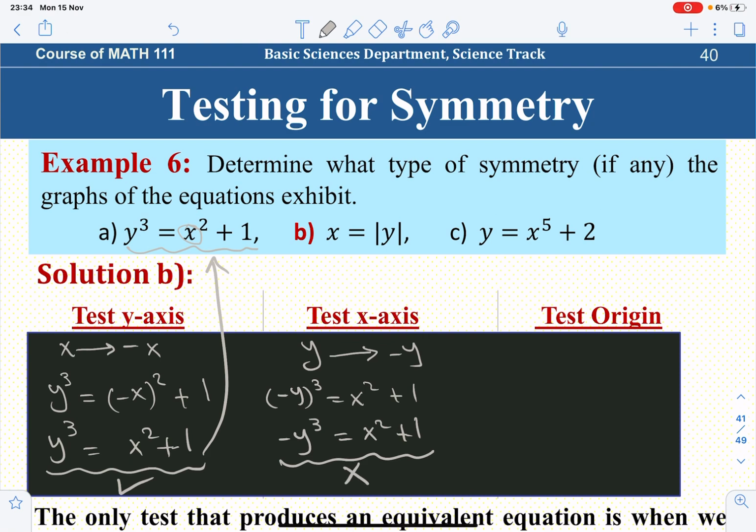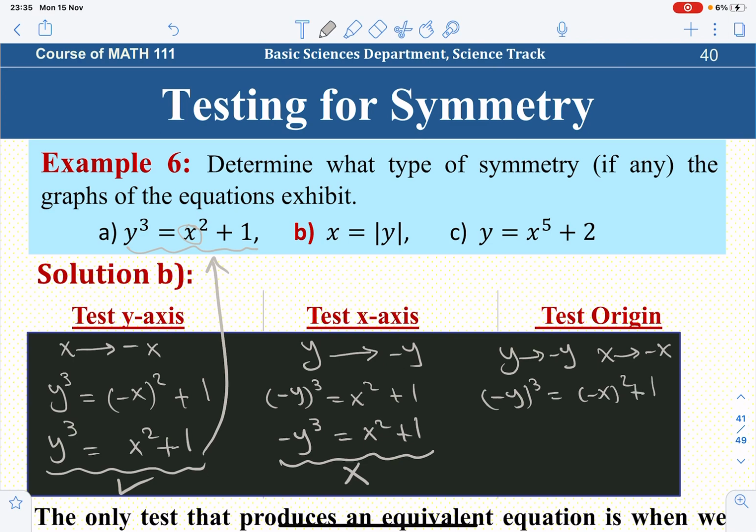Okay, to test the symmetry with respect to the origin, we're going to replace y with negative y and also x with negative x. So this would be negative y to the power 3 equals negative x to the power 2, plus 1.